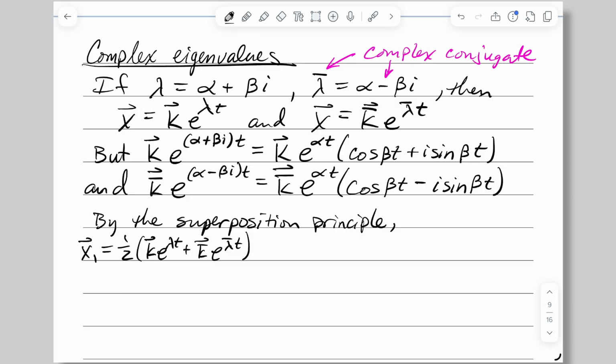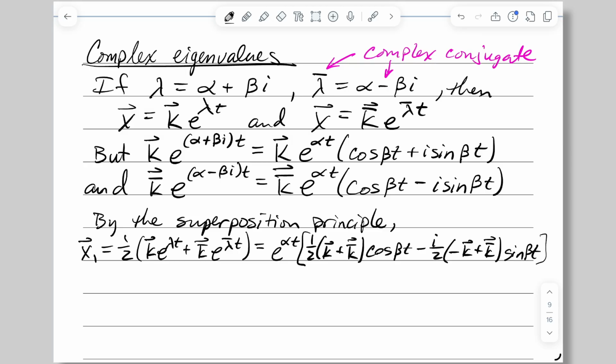So that's 1/2 times that whole thing. And that's going to give us e to the alpha t times 1/2 of k plus k bar cosine of beta t minus i over 2 times negative k plus k bar sine of beta t.